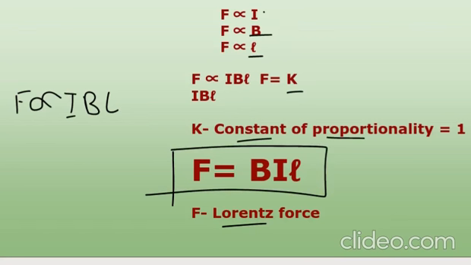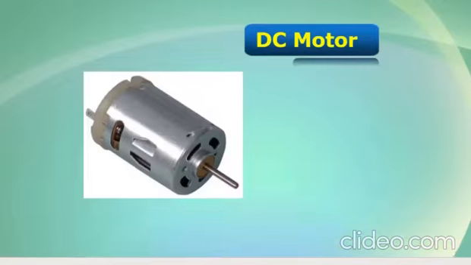Now, the second last topic of this chapter is the DC motor. In the 7th standard, you might have done the electric bell, studying its construction, structure, and working.